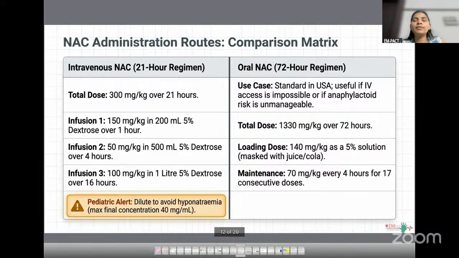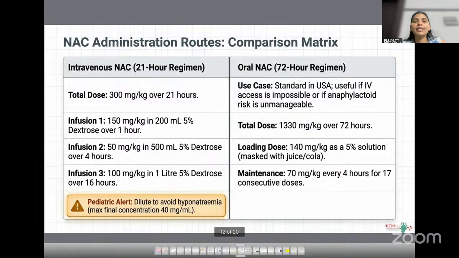And we will be starting with the loading dose of 140 mg per kg. This we will be giving along with some juice or carbonated drinks because it will have some unpleasant taste. Followed by the loading dose, we will be giving 70 mg per kg every 4 hours. 17 doses we will be giving.